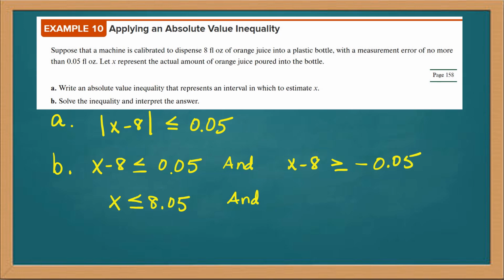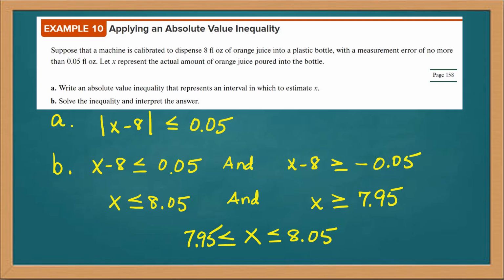And then if you add 8 to both sides of this one, you're going to have x is greater than or equal to 7.95. So basically, the amount in the bottle is going to be between 8.05 ounces and 7.95 ounces.